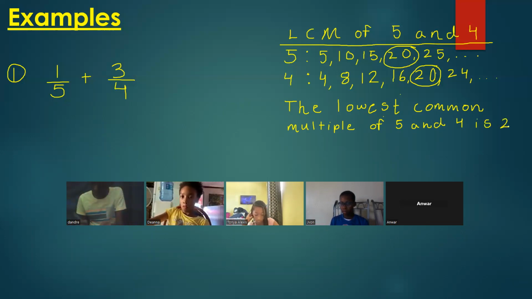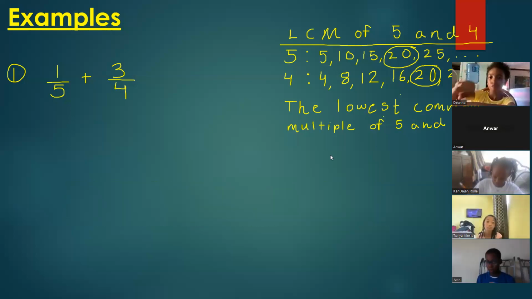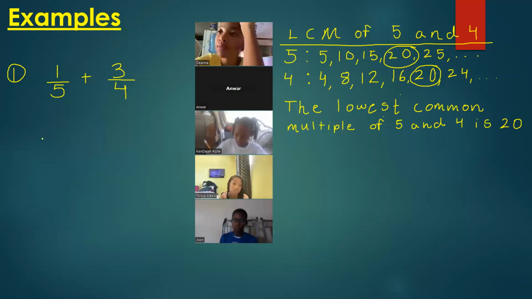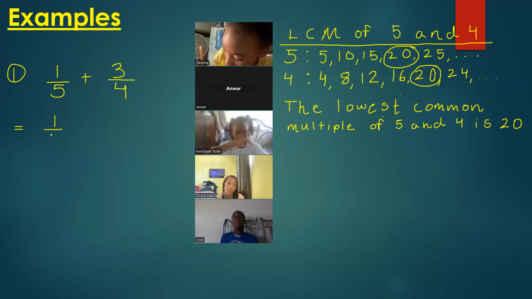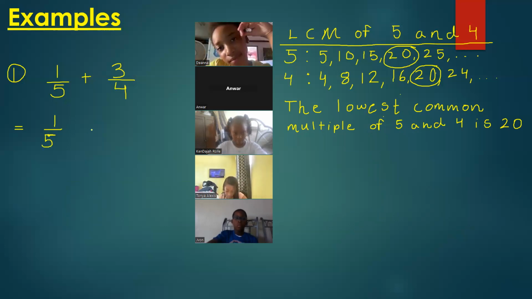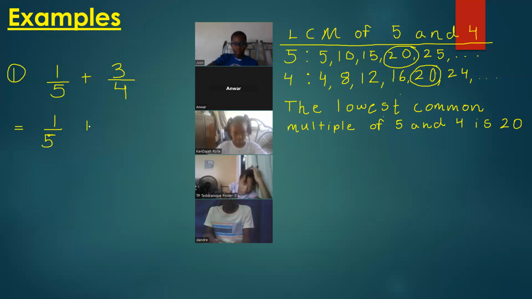So 20 is the lowest common multiple. And so that means that we have to make both denominators what? What number, Ariana, must we make both numbers? 20. Very good. What number must we make both denominators, Javon? 20. Very good. And DeAndre, what number must we make both denominators?